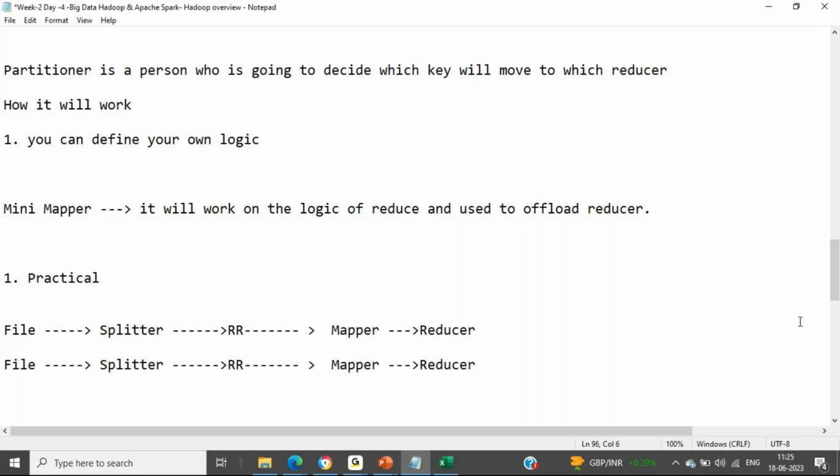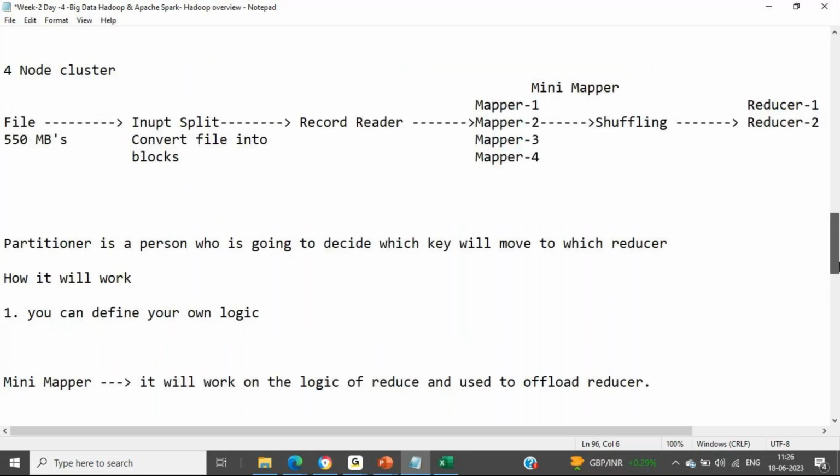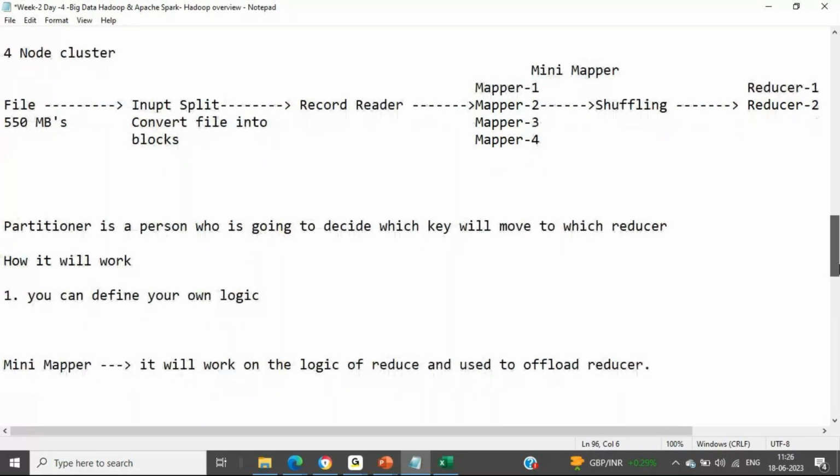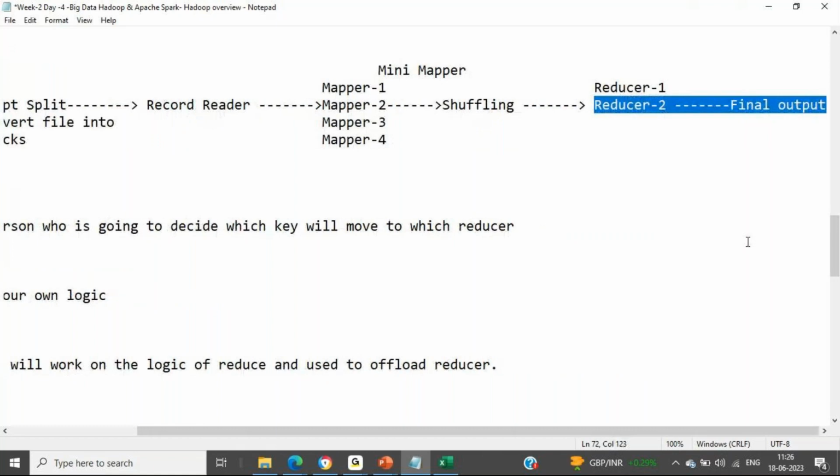One important thing that I want to ask: can we have certain operations where there is no need of a reducer? Can we have reducer-less jobs?